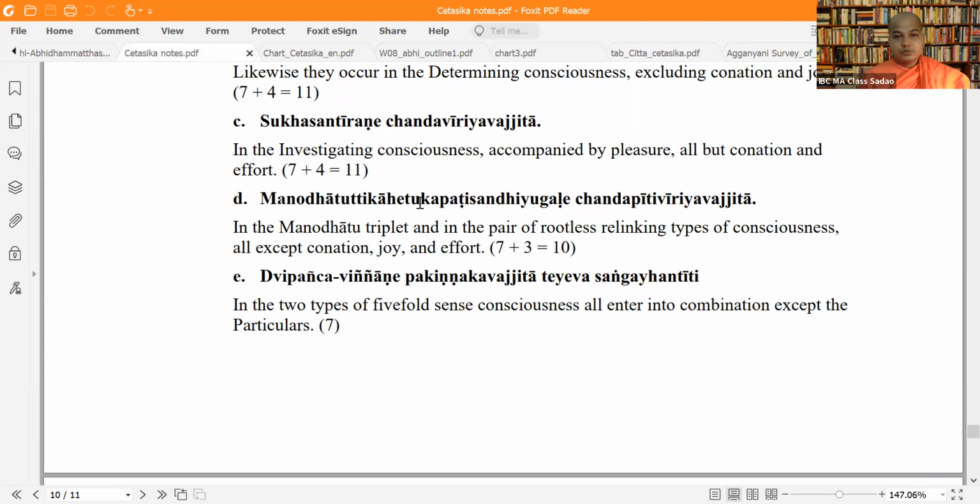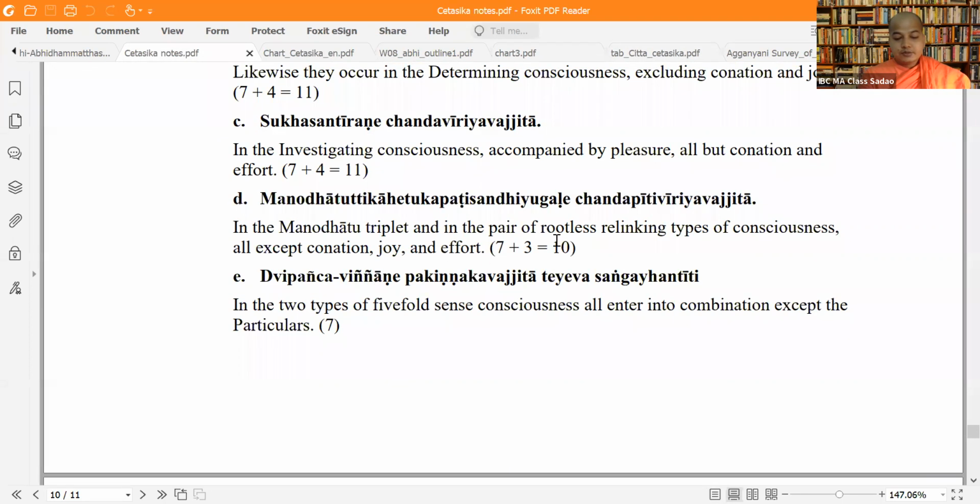Manodhatutika hetuka patisandhi yugale chanda piti viriya vajjita. In the manodhatu triplet and in the pair of rootless relinking types of consciousness, all except connection, joy, and effort. So 10 in number.